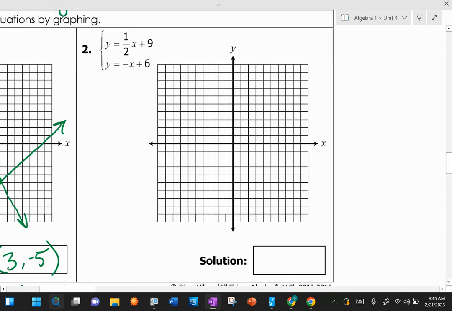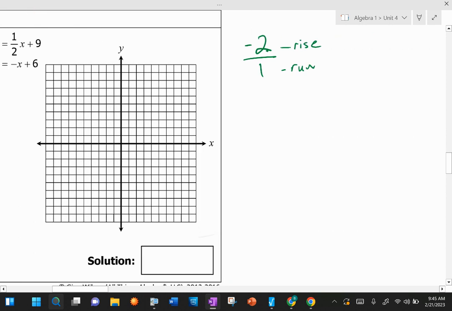A quick refresher. When we're talking graphing, on the last problem we had a -2x, right? And we said -2 over what? It was over a 1. So what that is, is rise over run, right?